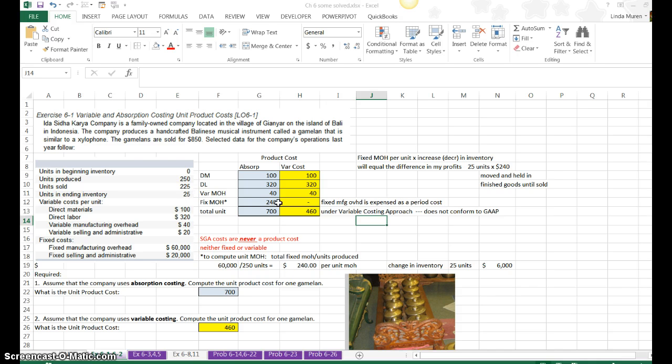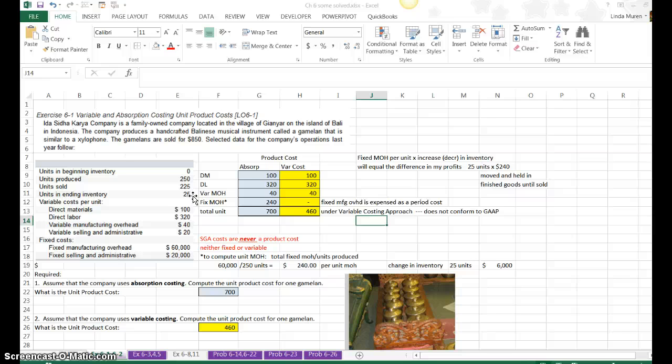So if I think about what's different between the 2 methods, I need to know what happened to my inventory. If inventory stays exactly the same, meaning whatever I produced, I sold, then the overall cost will be exactly the same between the absorption costing and variable costing income statements. Everything will be the same, and we're going to show you that in some illustrations.